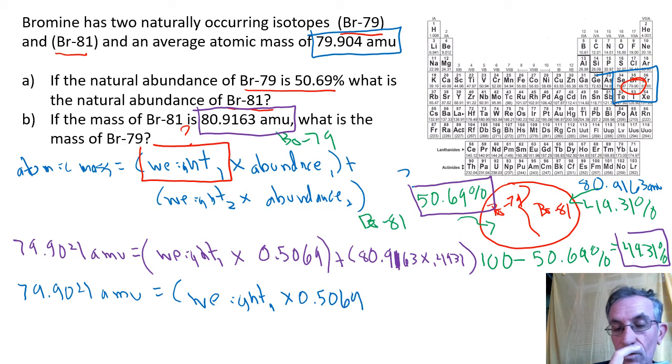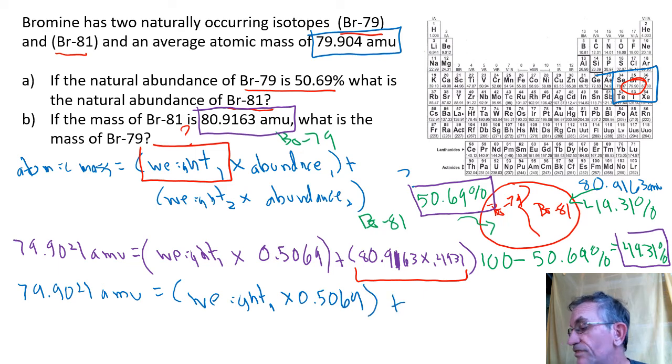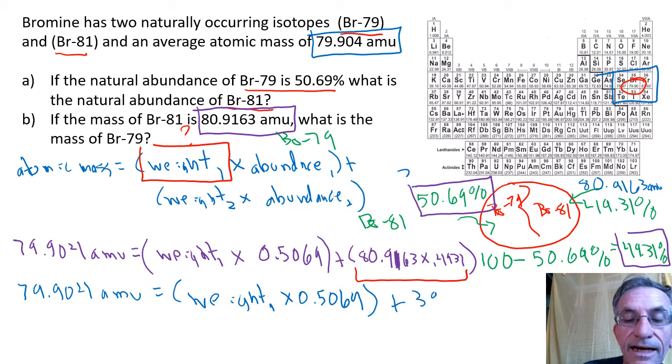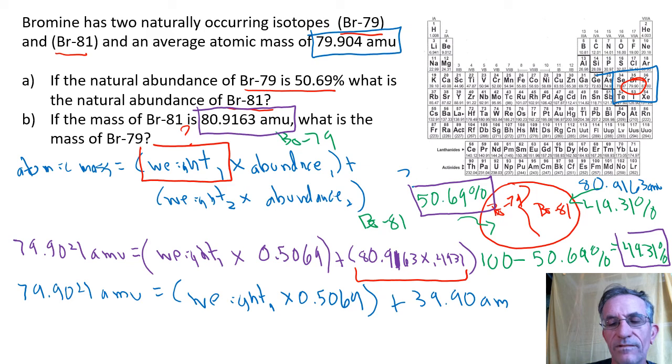So the total, when you multiply these two together, is going to be plus, and let me look at my notes, 39.9 AMU. I misspoke there.